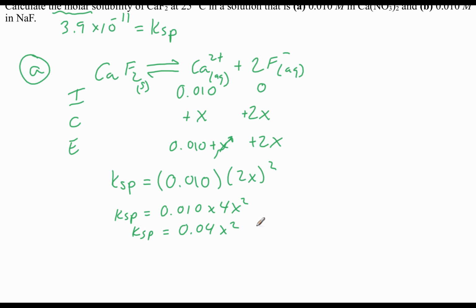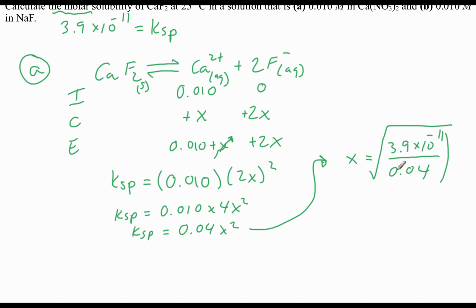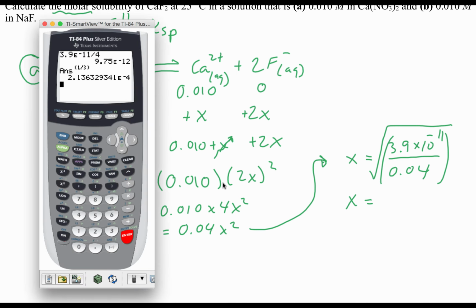I'm going to take this back over here. I'm going to solve that value for x. So x is going to equal my KSP, which is 3.9 times 10 to the negative 11th divided by 0.04 square rooted. Right? So let's plug that into my equation here.